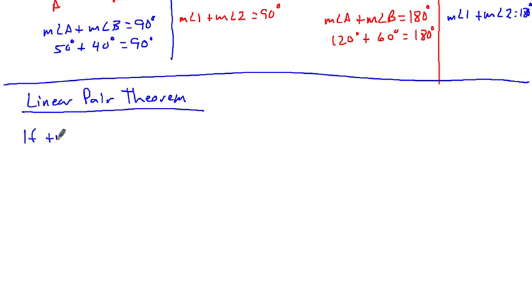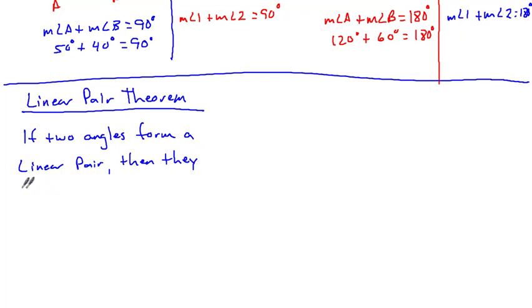So if two angles form a linear pair, then they are supplementary.